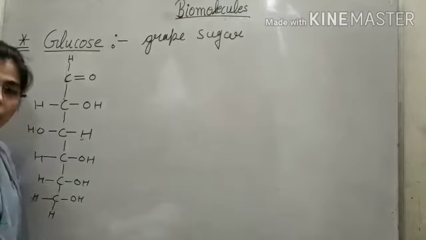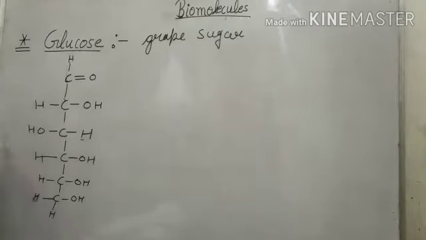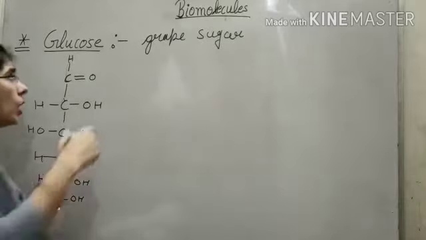And students, this open chain structure of glucose was assigned on the basis of some evidences or chemical reactions. Now I am going to discuss the evidences or chemical reactions which prove the structural representation of glucose.